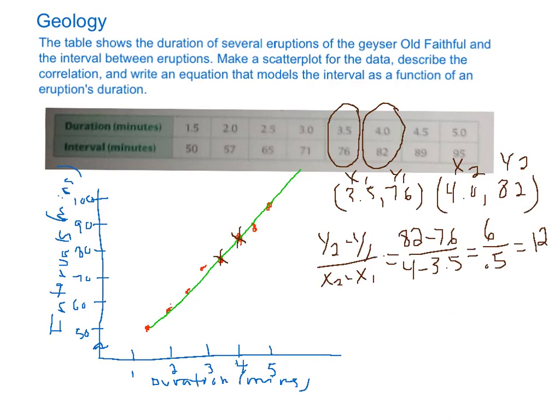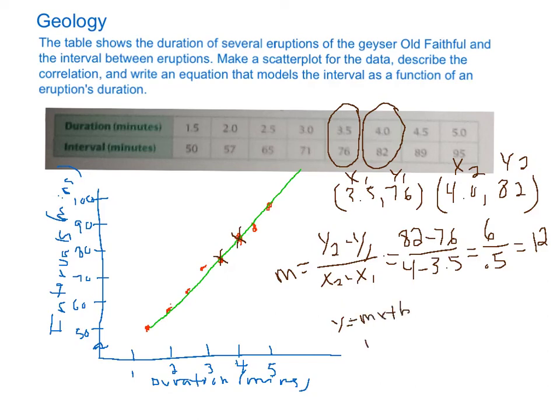Now if we were able to extend the green line out and see where it hit the y-intercept, we could find the b. But we can't do that because of the way that I did the break, so I'm just going to use the equation y equals mx plus b so I can find the b.